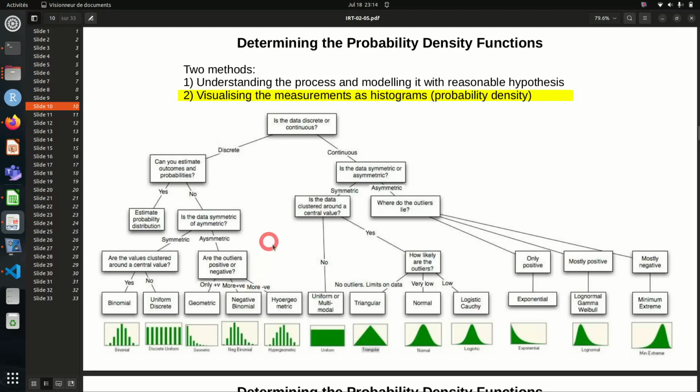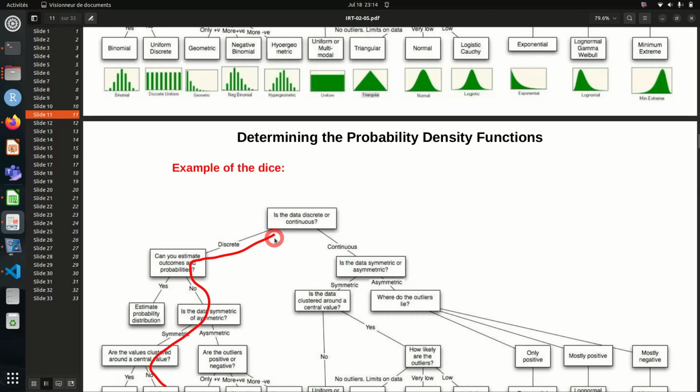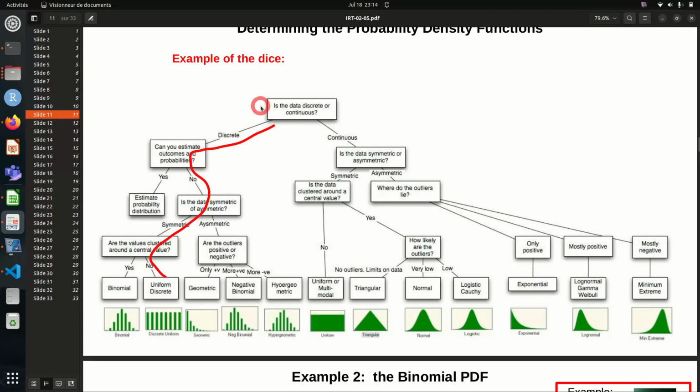In the case of the dice, you can say, is the data discrete or continuous? It is discrete because the dice is only 1, 2, 3, 4, 5, 6, not 1.5, 2.8. Can you estimate the outcomes and probabilities? So in the case of a dice, we will say yes.